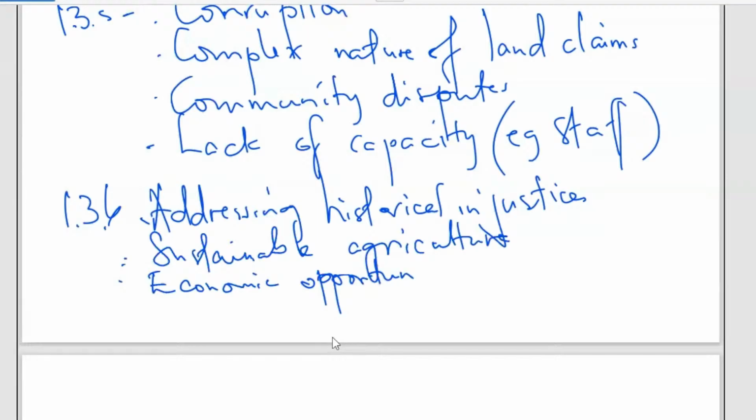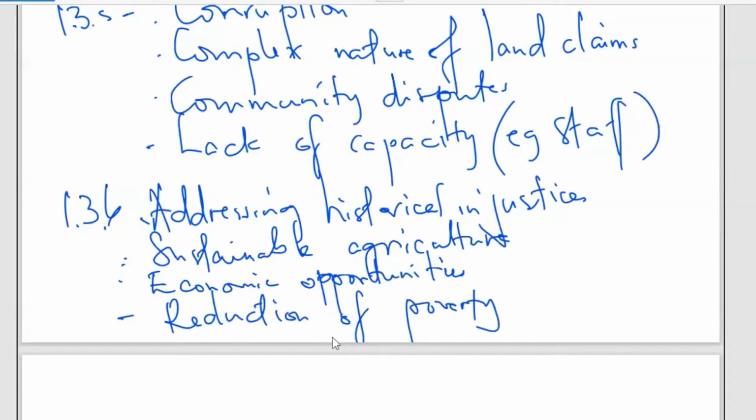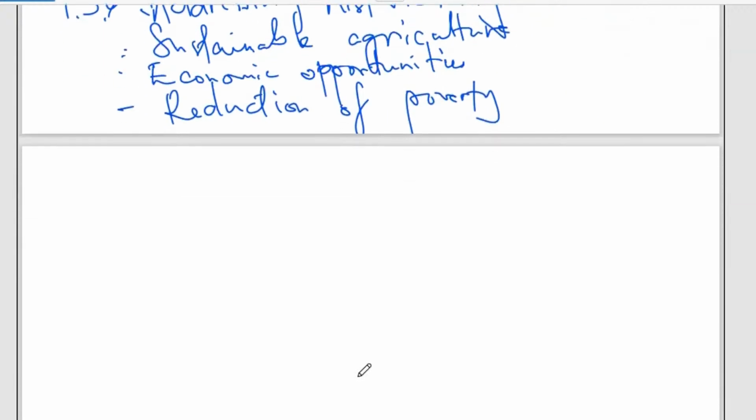With land reform, it has created jobs for people in different sectors, in agriculture directly and in other industries related to agriculture. So economic opportunities are also made available. And we can also talk of a reduction of poverty in the rural areas. The living standards of people are gradually improving because of having access to land. So we can also argue along those lines.